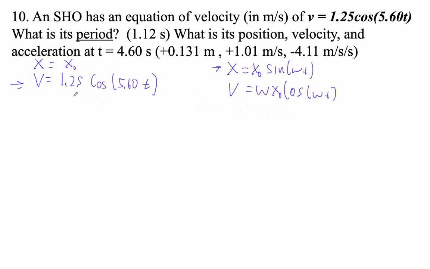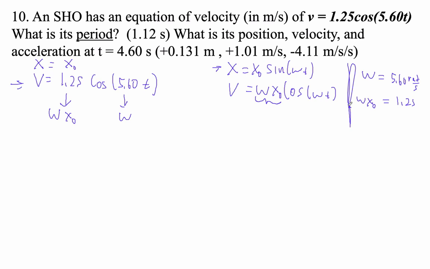From this we know that that is omega x naught, because I'm just looking at the equation, where omega x naught is the number 1.25. And we also know what omega is. Just doing a little sleuthing here, omega is 5.60 radians per second, and omega times x naught is 1.25.